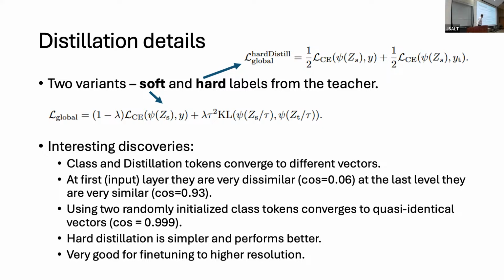Then you have your cross entropy loss, which is just a classification loss between the student and the ground truth label y. The other part of your loss is the KL divergence, which computes how far apart 2 distributions are.